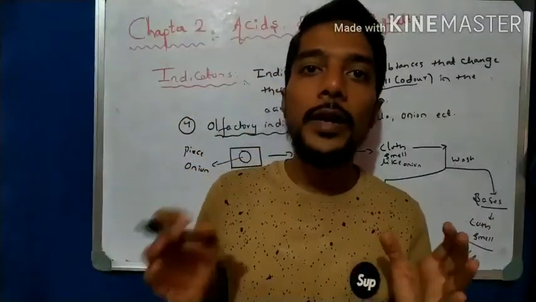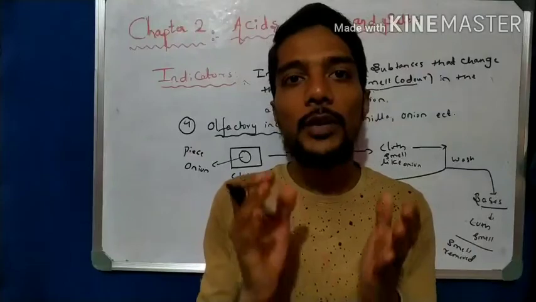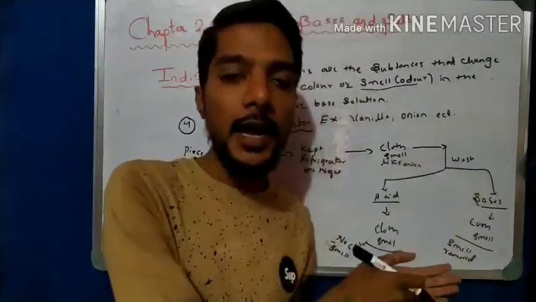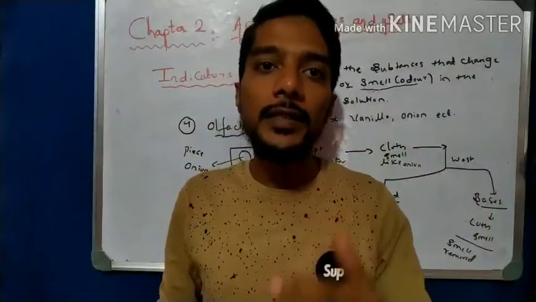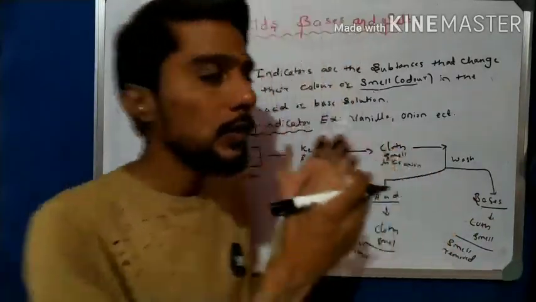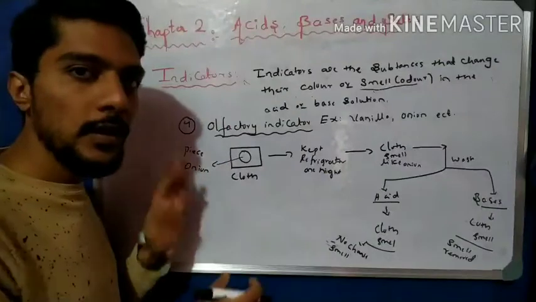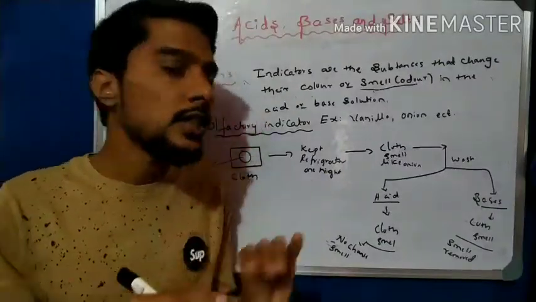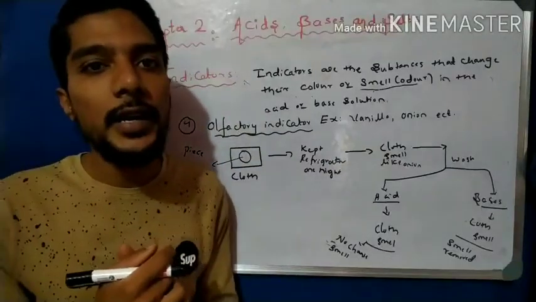Now we come to an activity used to find out and use these indicators and classify substances into acids and bases. So first, clear these points. There are four types of indicators: litmus paper, phenolphthalein indicator, methyl orange, and olfactory indicators.